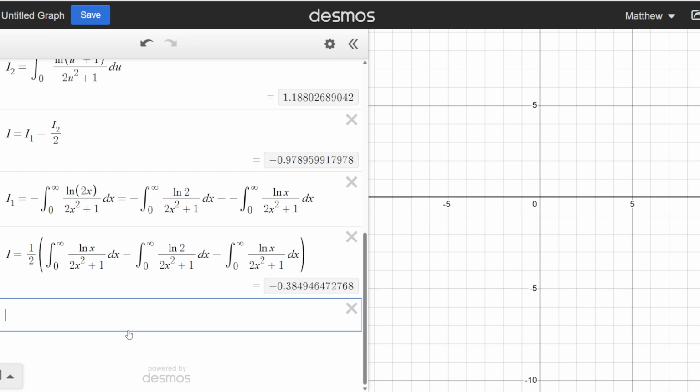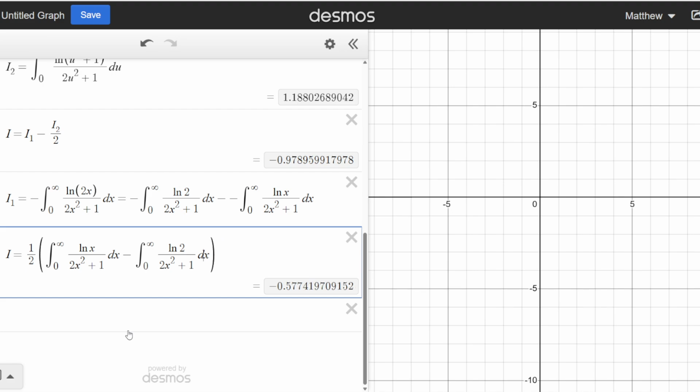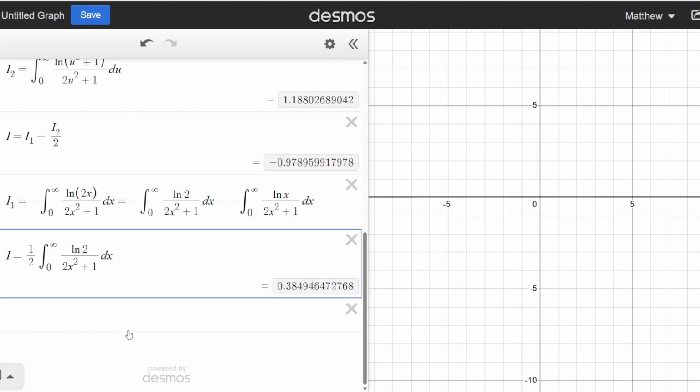So now what? Well, let's see. You'll notice that this and this are exactly the same thing. Okay? So they cancel out. And this right here is an integral that is solvable. I'm not going to solve it.